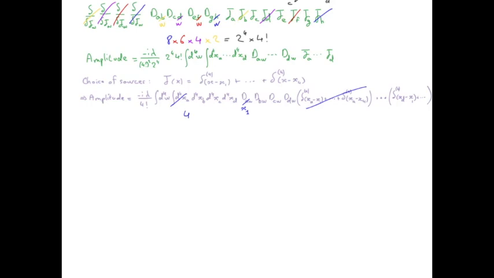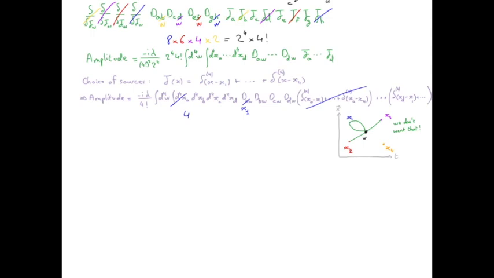However, if we choose x1, then we will end up with a diagram which has 2 disturbances of the field excited at the same source in x1. And of course we don't want that because that means we don't have anything to annihilate in x4.